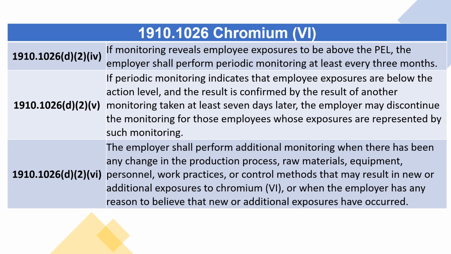The employer shall perform additional monitoring when there has been any change in the production process, raw materials, equipment, personnel, work practices, or control methods that may result in new or additional exposures to chromium (VI), or when the employer has any reason to believe that new or additional exposures have occurred.